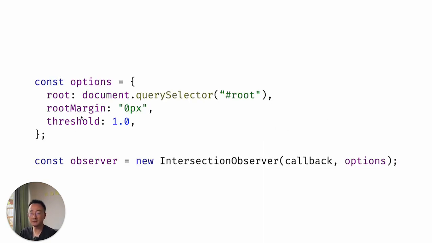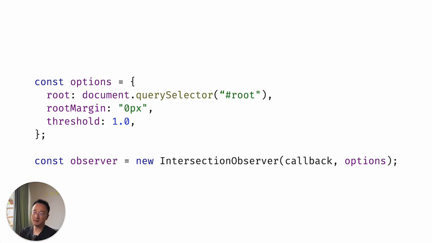The root margin is an option you can define to either enlarge or shrink the actual area of the root element. Sometimes you want to trigger the load more action before the target actually reaches the root intersection, so before it reaches the root rectangle, you make some buffer.